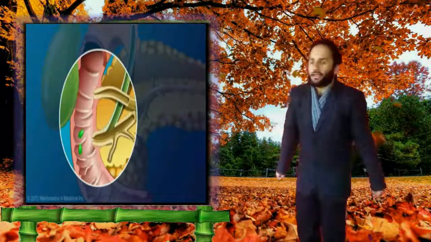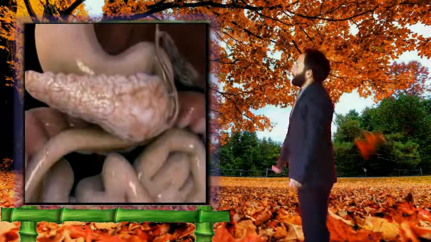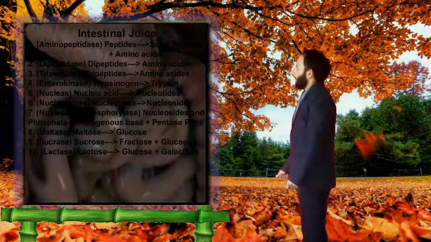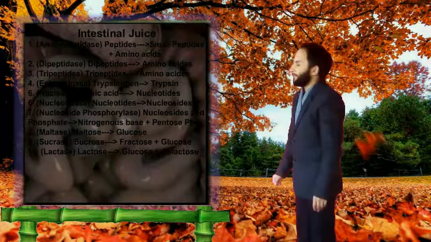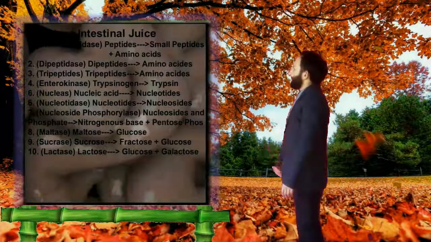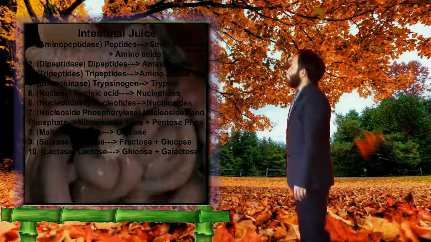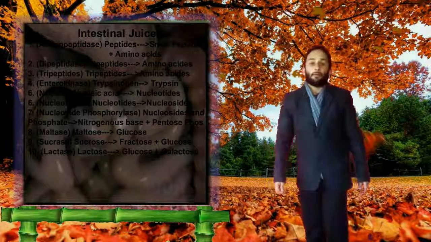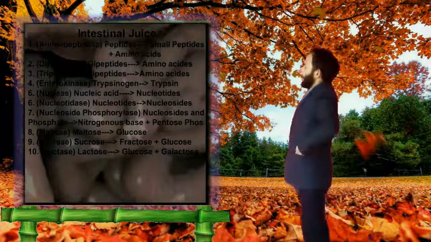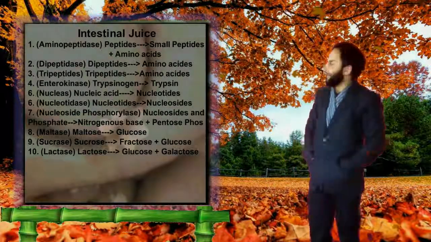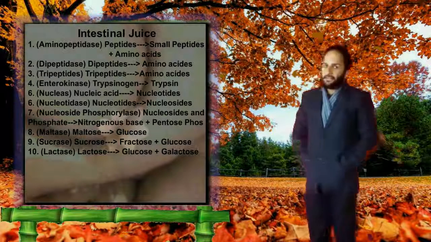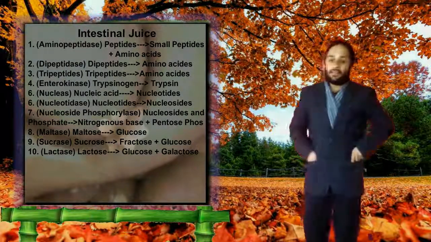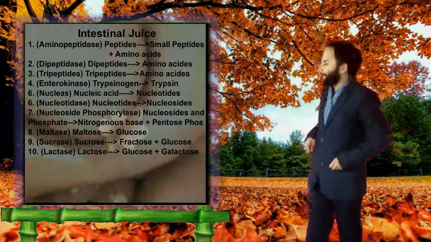Now, intestinal juice contains different enzymes like aminopeptidase, which converts peptides into small peptides and amino acids. Dipeptidase converts dipeptides into amino acids. Tripeptidase converts tripeptides into amino acids.